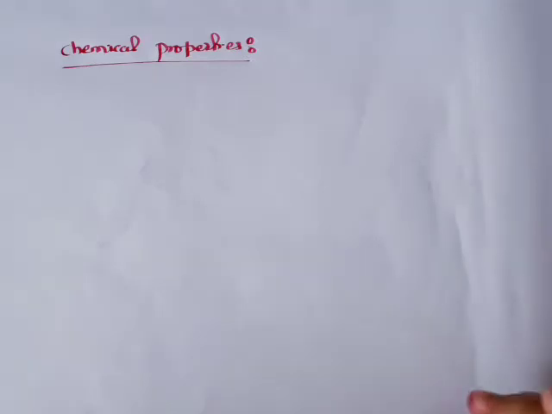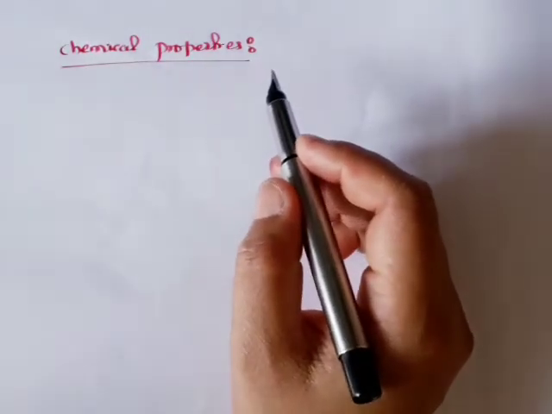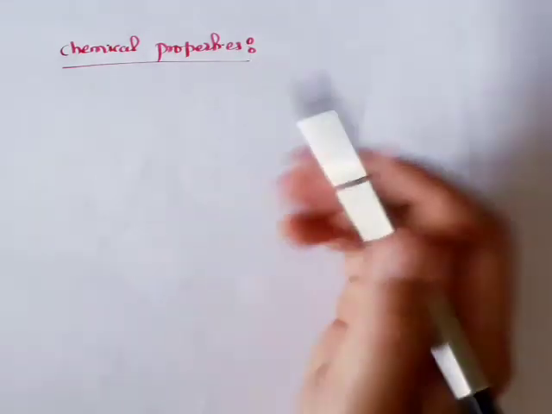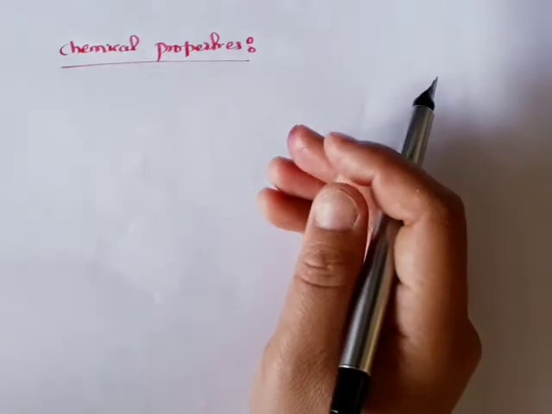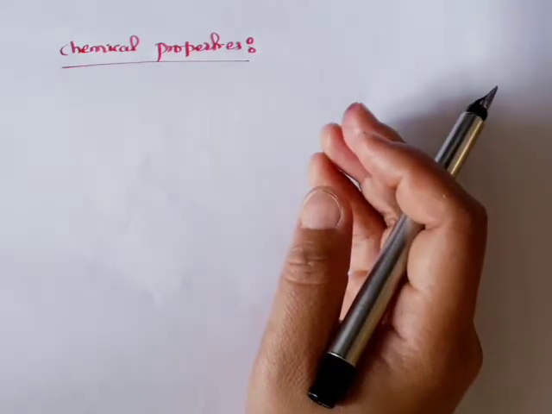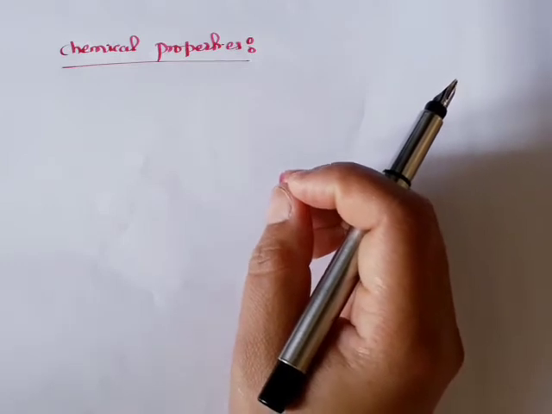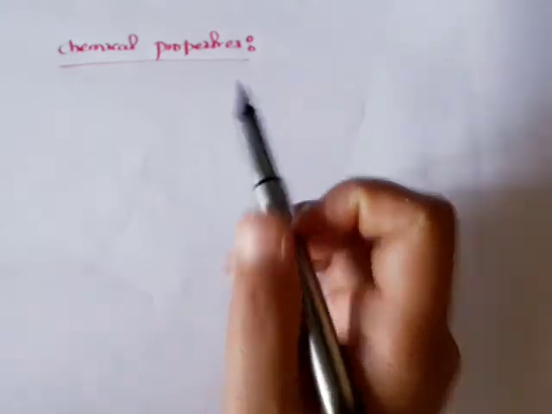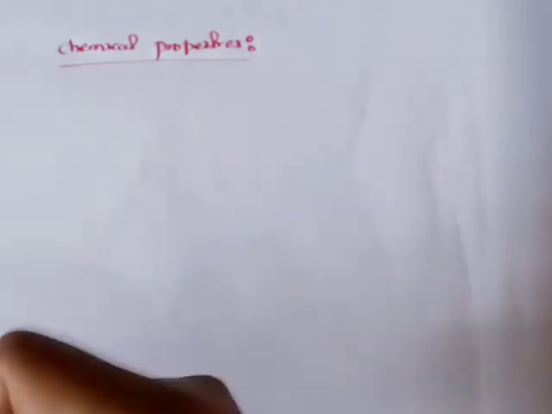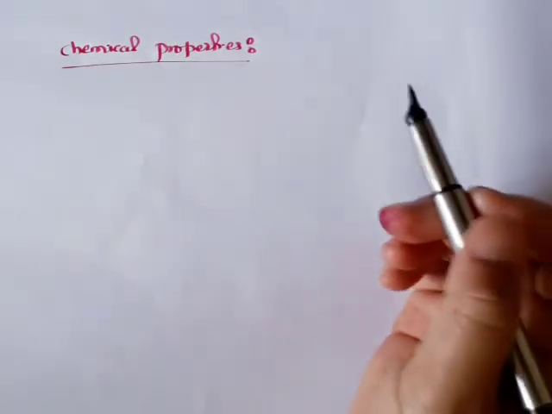Now next let us discuss the chemical properties of dinitrogen. As I've already discussed, dinitrogen is inert at room temperature because of the triple bond between the nitrogen atoms and the very high bond dissociation enthalpy. But with increase in temperature, at very high temperature, nitrogen directly combines with metals and some non-metals.